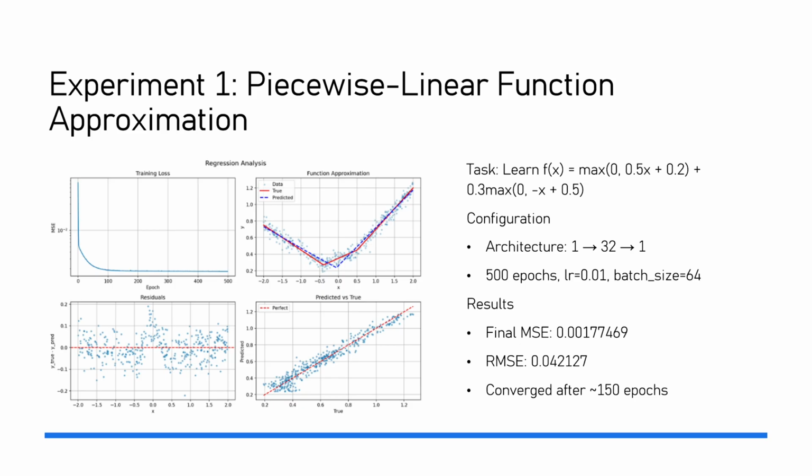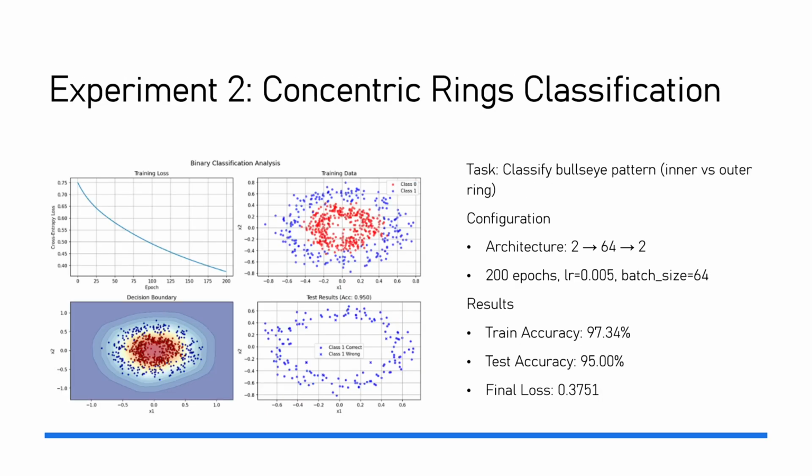The predicted versus true scatter plot closely follows the perfect prediction line, confirming accurate learning. The MSE of 0.0018 means predictions are typically within plus or minus 0.042 units of the true value, which is excellent given the noise in the training data.